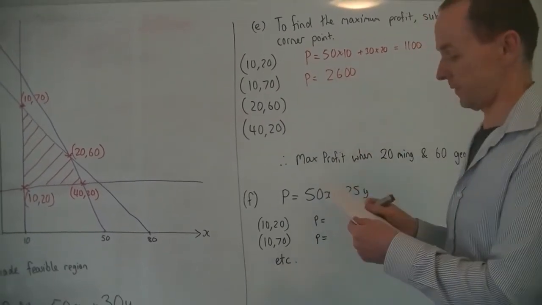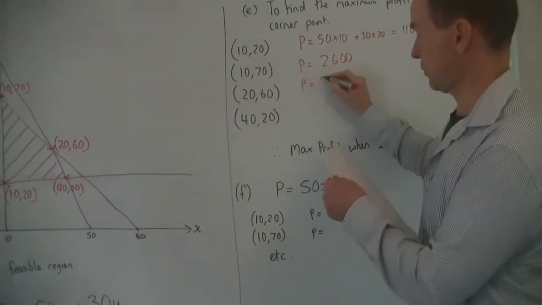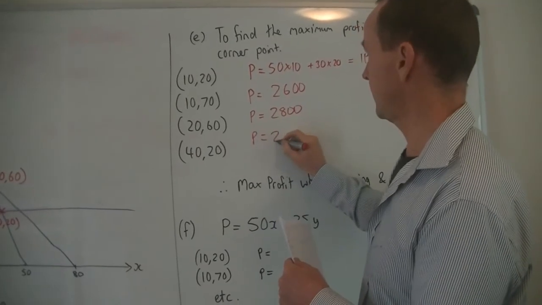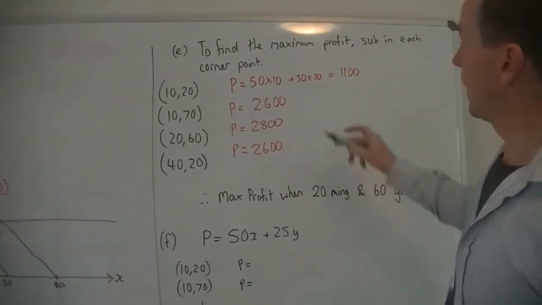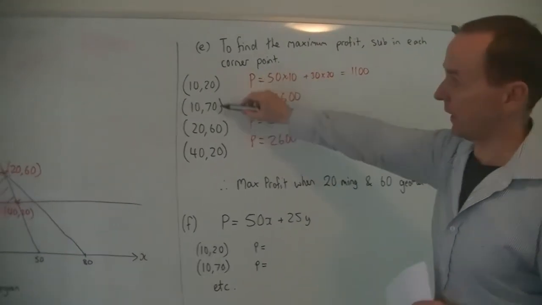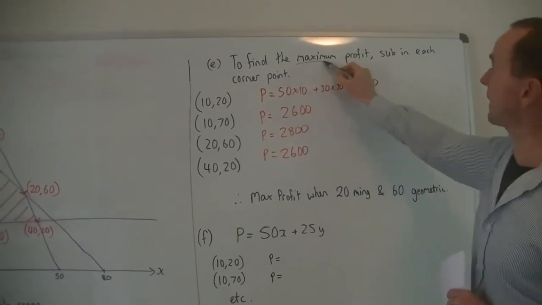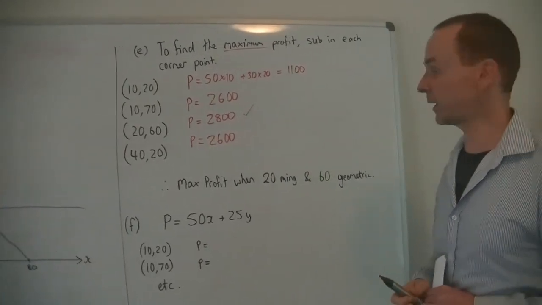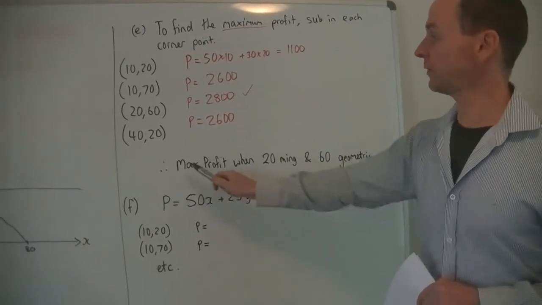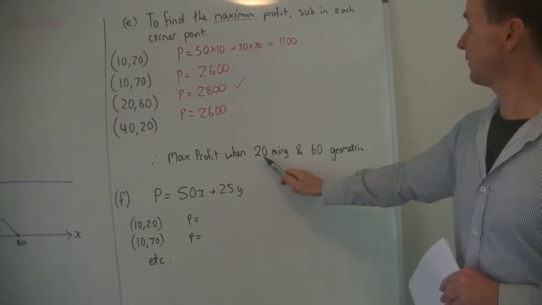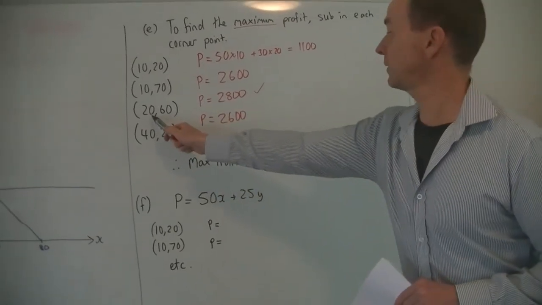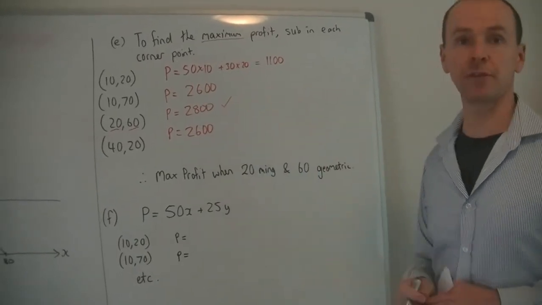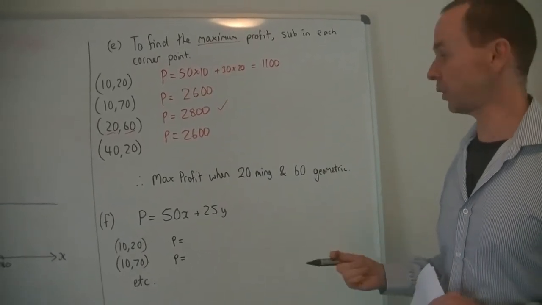I'm not going to show the workings out for these. Profit for this one is 2800, and the profit for the last one is 2600. Okay, so they're the profits for each of those corner points. And it says to maximise the profit. So which one's the maximum? It's this one here. So then you answer the question in words: the maximum profit can be found when we sell 20 Ming and 60 geometric ones, and the profit is $2,800. So answer that in words.